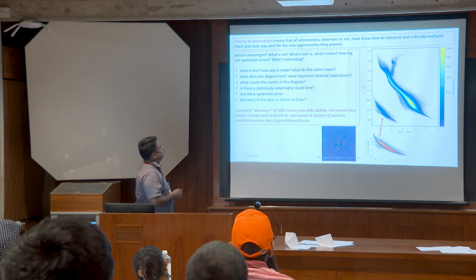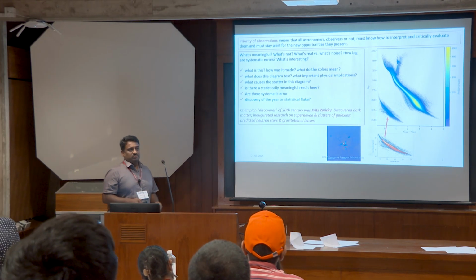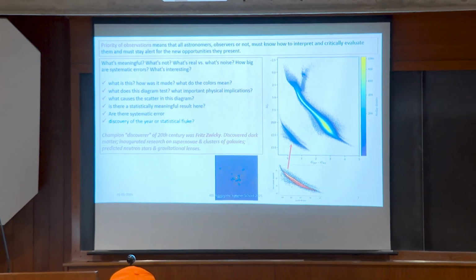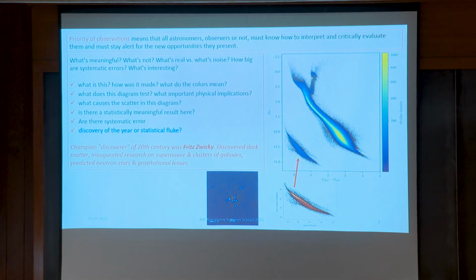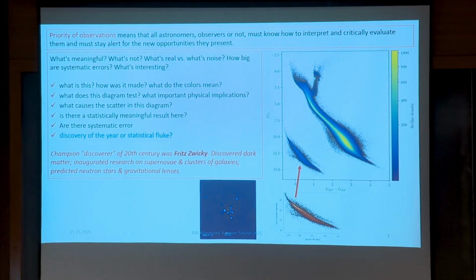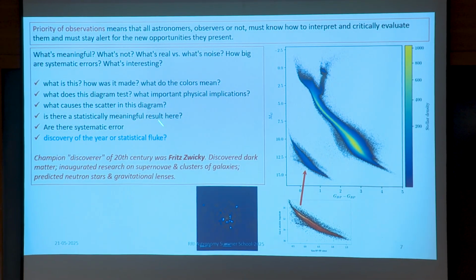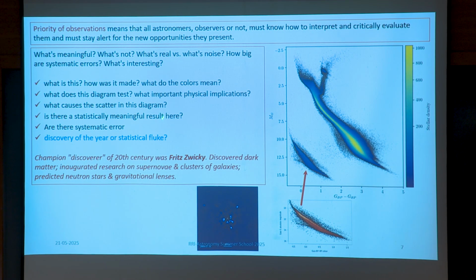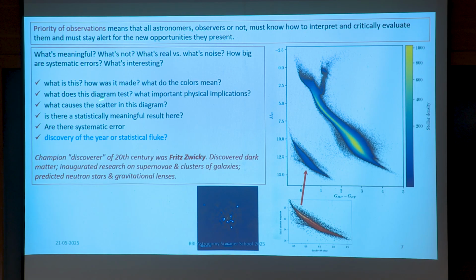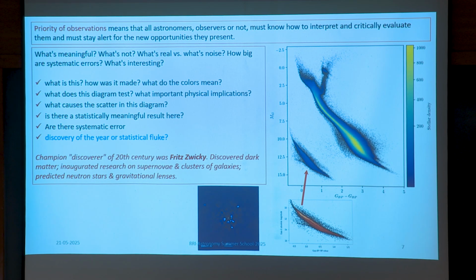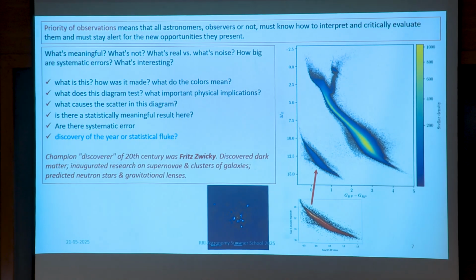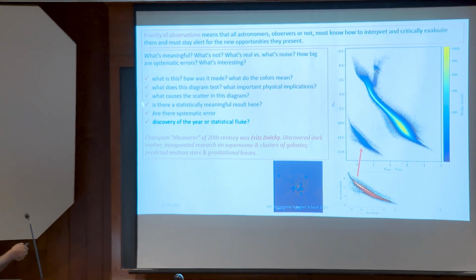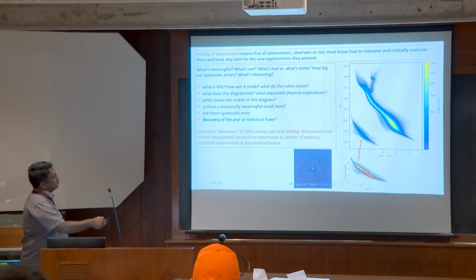Now all astronomers, be it you are doing theory, observations, or instrumentation, should have some feeling about the data that you are getting. What's meaningful data, what's not, what's real, what is noise, the systematic errors, what are the signals that are interesting to you. All these things should be known to you, because only then will you understand answers to some of these questions.